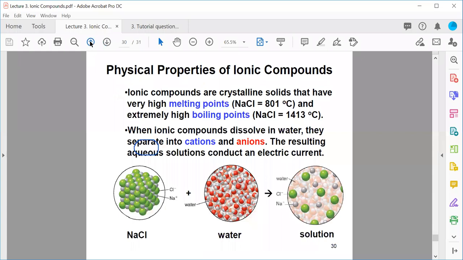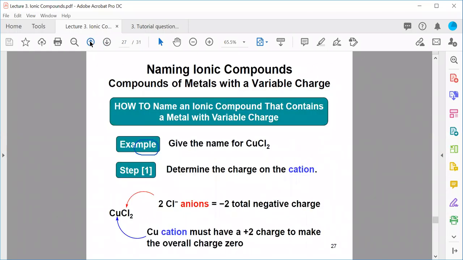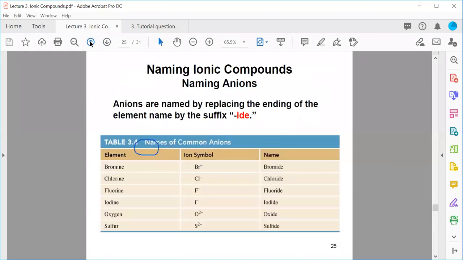We can also see in this table that oxygen in its charged state is referred to as oxide, along with the other ides.